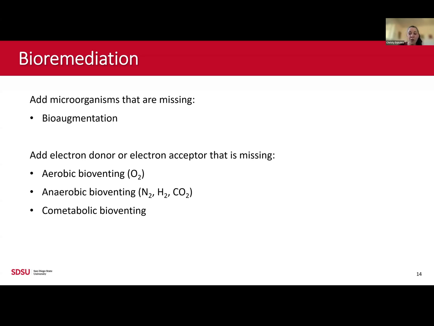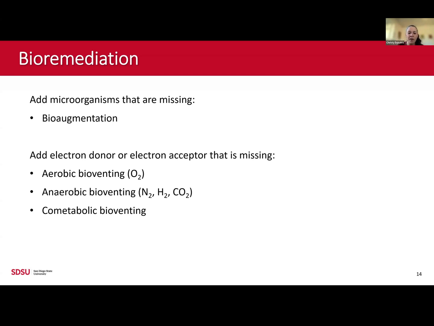So we might be stimulating the production of a certain enzyme by putting certain things into the soil or subsurface, and that enzyme, even though its main purpose is to break down what we're putting in, also might have a secondary purpose and be able to break down our contaminant as well.